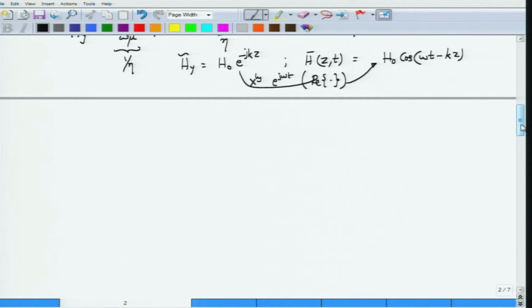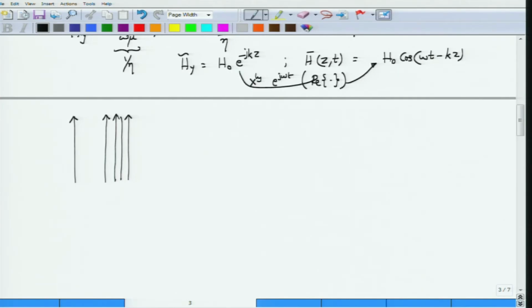Now at this point you might say that, well, what we have done is quite arbitrary, right? Let's actually try and understand how the fields themselves vary. If I am looking at the electric field lines, they start getting crowded together. So it's kind of a sinusoidal waveform, right?